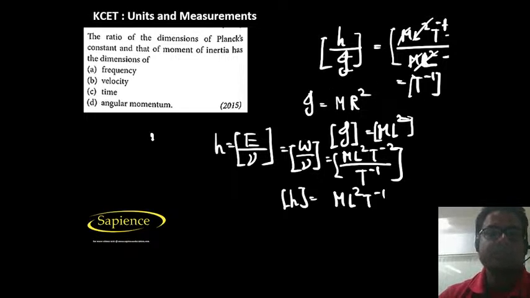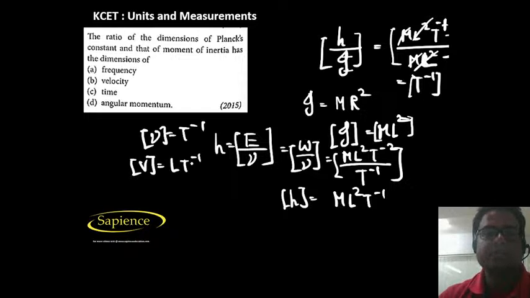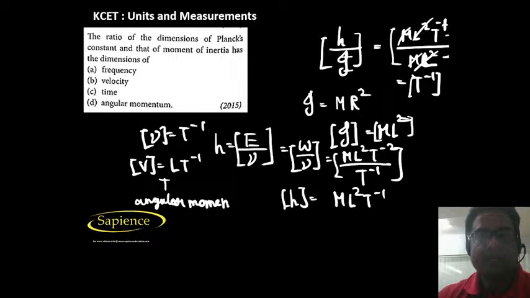Since frequency also has the dimension formula of T inverse, and the dimension formula of velocity is L into T power -1, and for time it is T. For angular momentum, it is r cross p, a cross product.